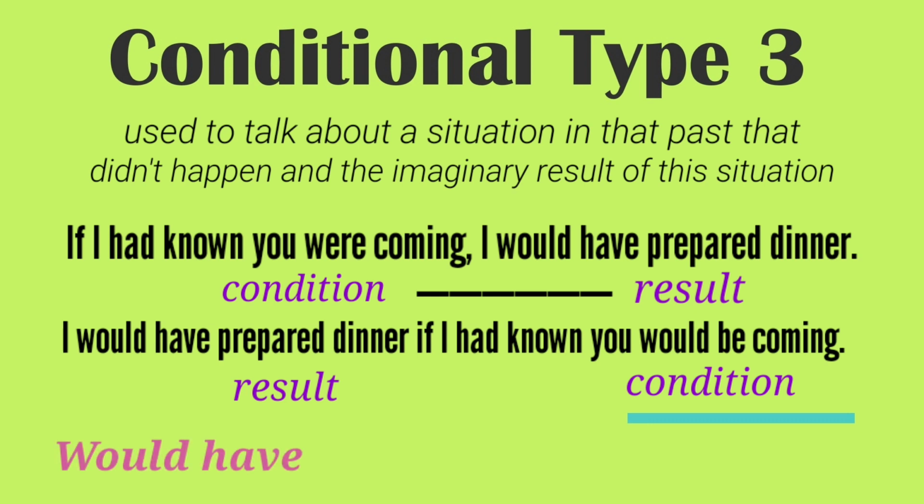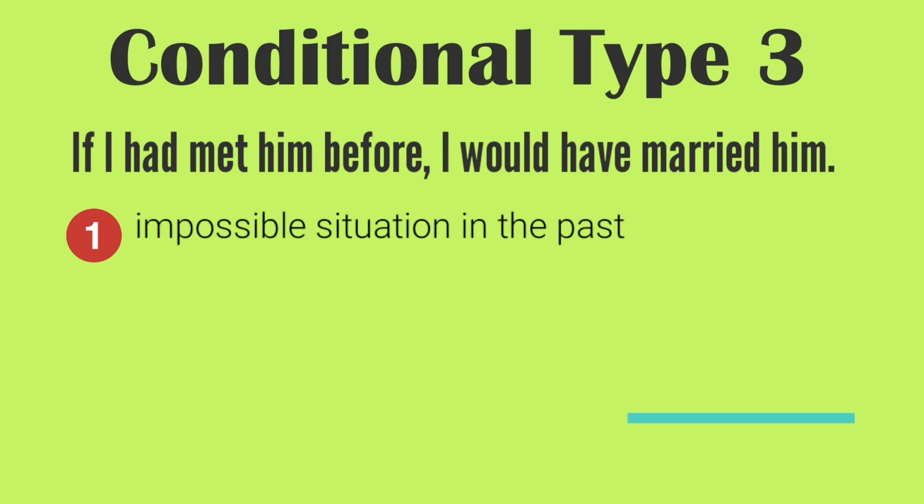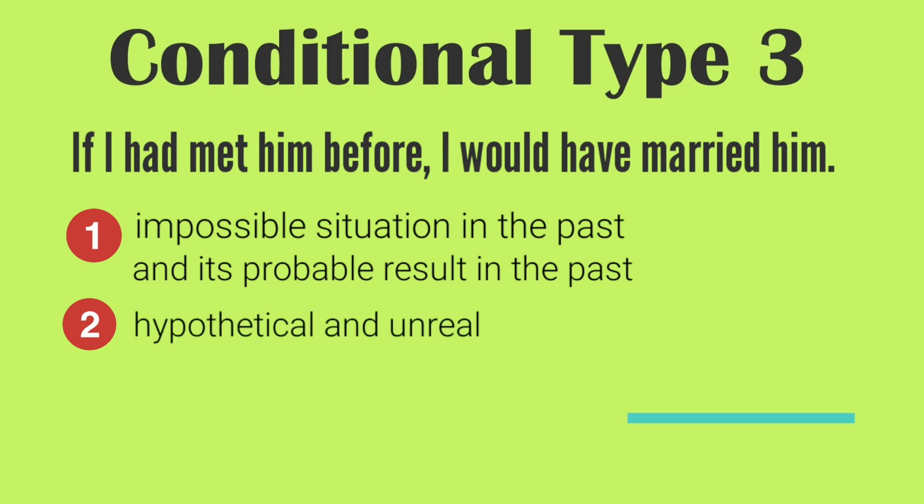In place of would have, you can also use the following words: could have, may have, and might have. To sum up, Type 3 conditional refers to an impossible situation in the past and its probable result also in the past. These sentences are truly hypothetical and unreal because it is now too late for the condition to exist. Hence, this type of sentence is used to imply regret.